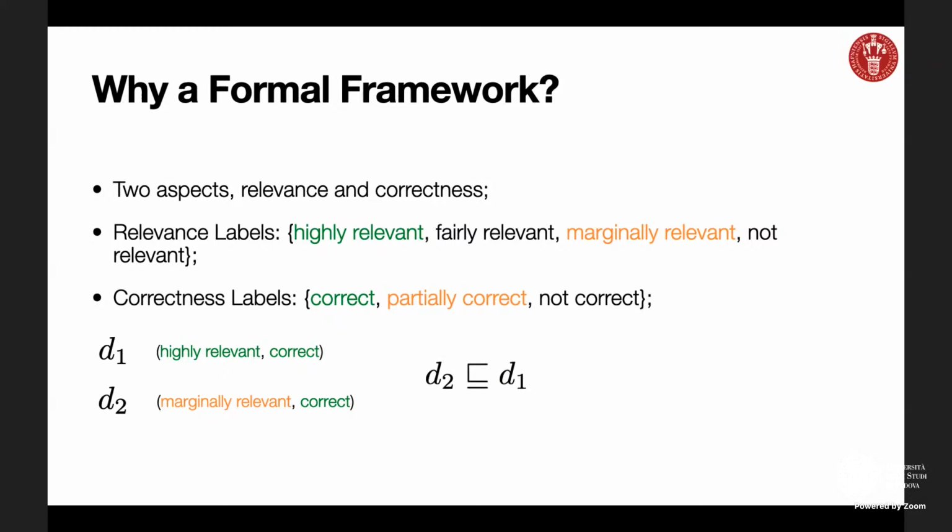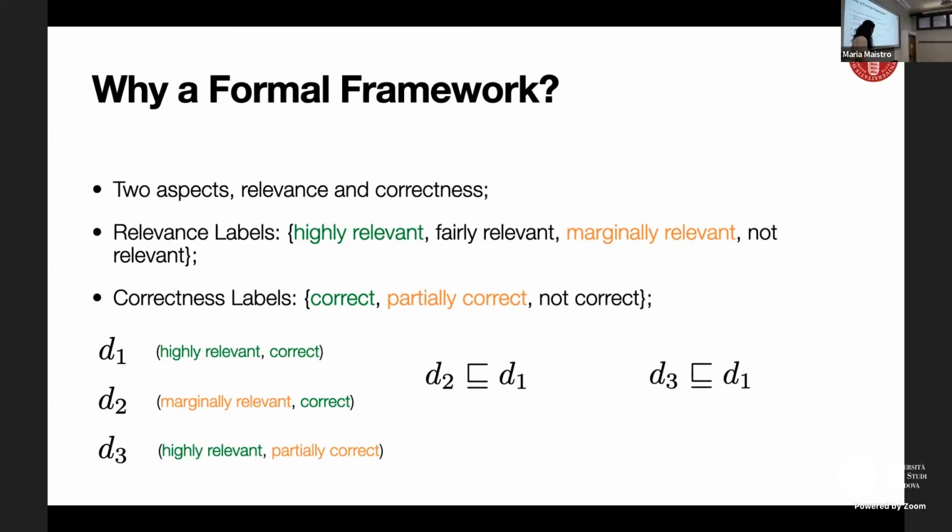Then it's easy to say that the first document is better, because they have the same level of correctness, but the first one is more relevant. So I want to have that one ranked higher. Now, if we have a third document which is highly relevant but partially correct, and I compare the 1 and 3, I want to have the 1 ranked higher because of the same level of relevance, but it's correct.